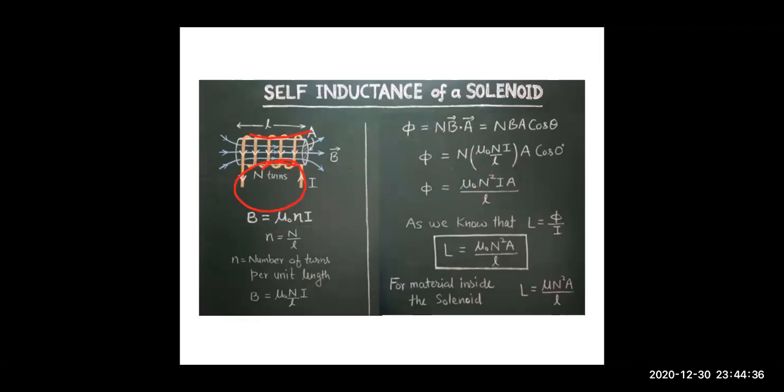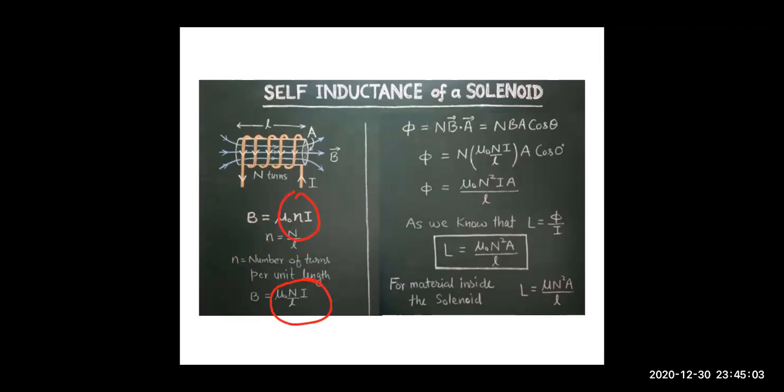So can we calculate the number of turns per unit length? It will be the total number of turns upon the total length. So small n is the number of turns per unit length, that is, how many turns are there in one unit length? And capital N is the total number of turns, right? So here, instead of small n, we can put capital N upon L.